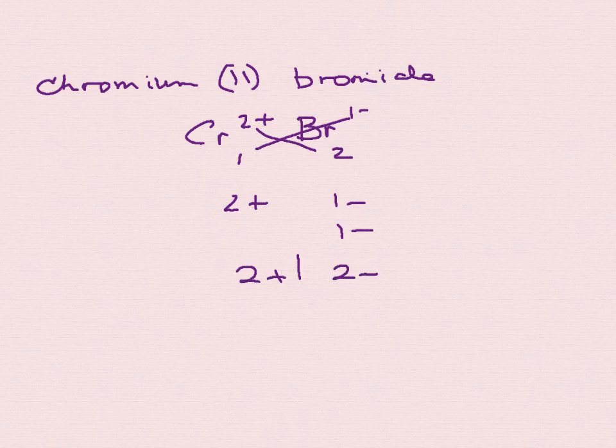And that is balanced. So your final answer should be CrBr2. And no charges should ever be located in your final compound. That's chromium 2 bromide. That is what we call a binary ionic compound because it contains only 2 elements.